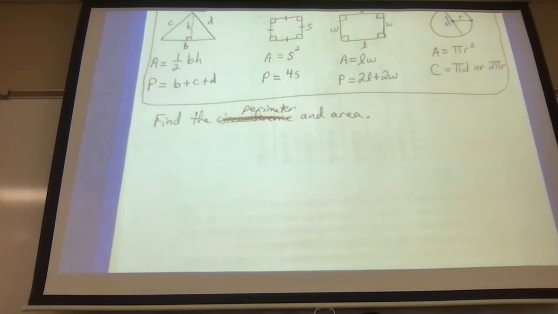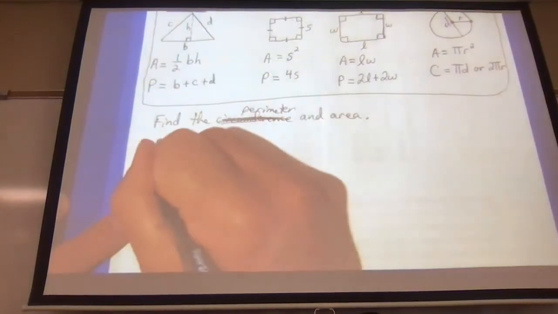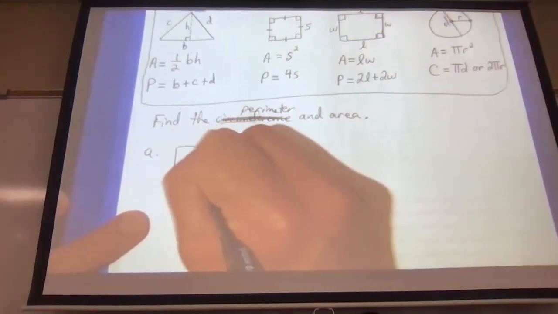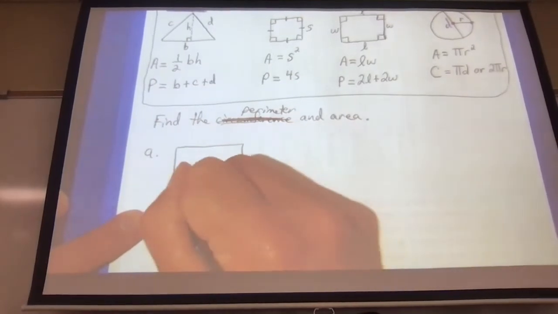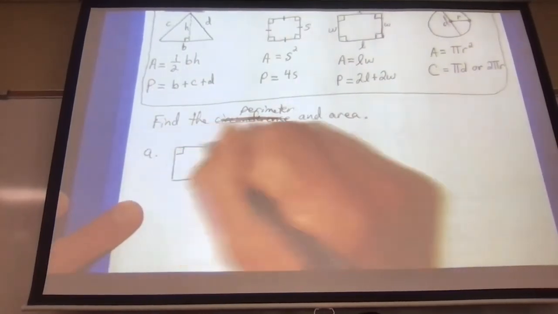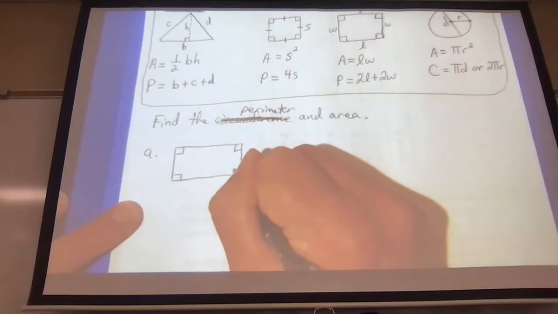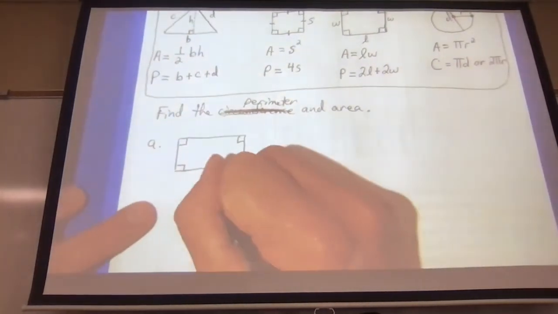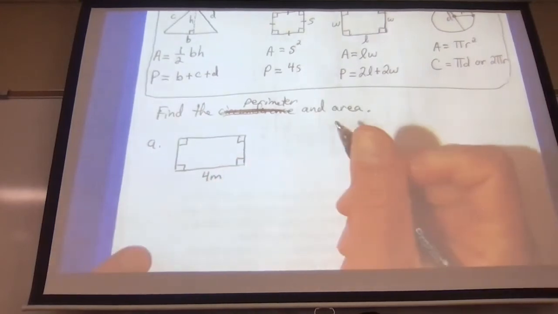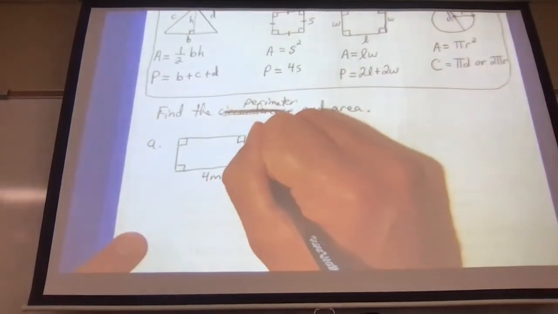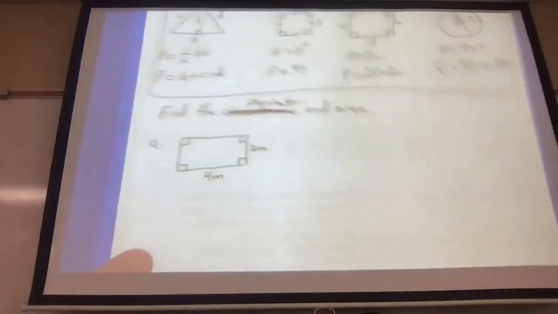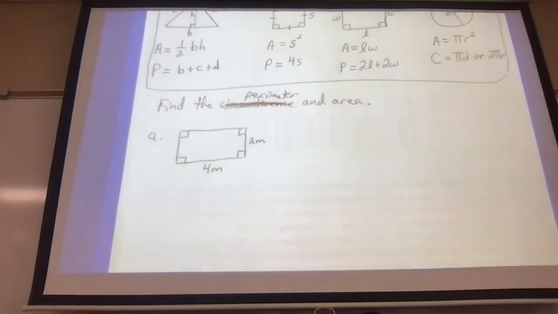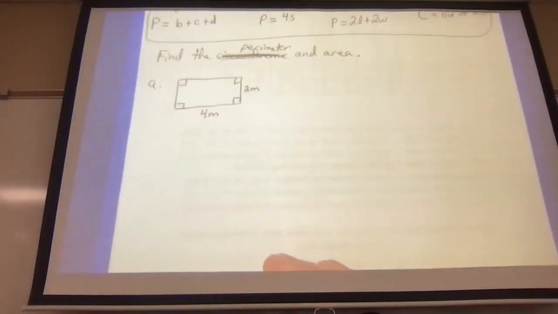Instead of starting with a circle, we'll start with a rectangle. This rectangle is going to be 4 meters by 2 meters. And we need to find both the perimeter and the area.